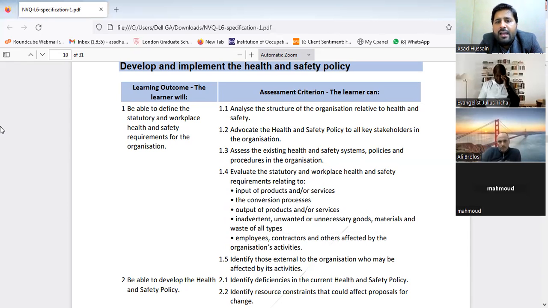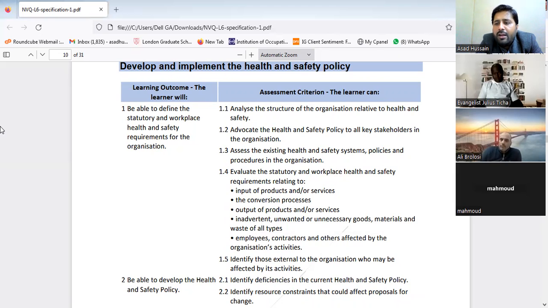So we have 1.1, assessment criteria: analyze the structure of the organization relative to health and safety. Here you have to describe, or explain, what the structure of your organization is with respect to health and safety.